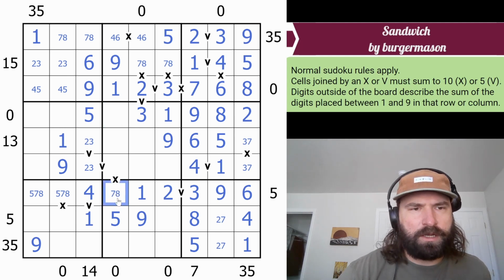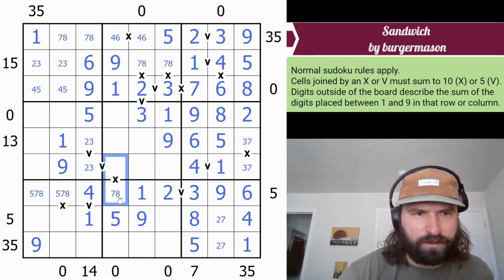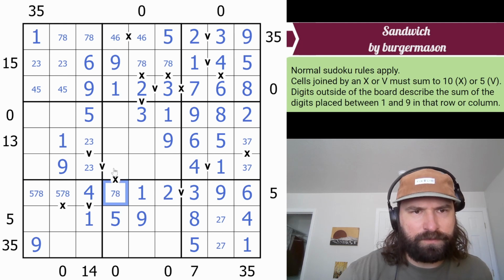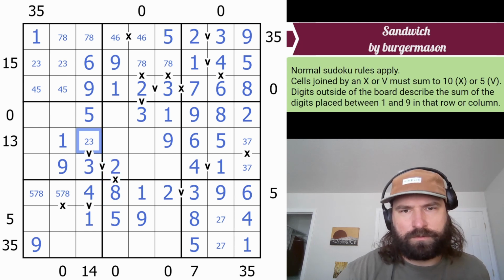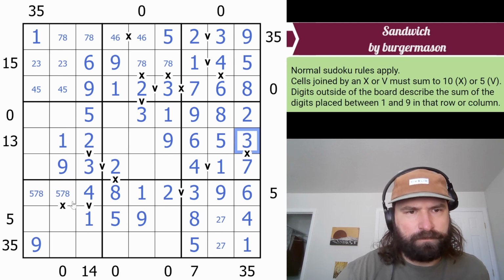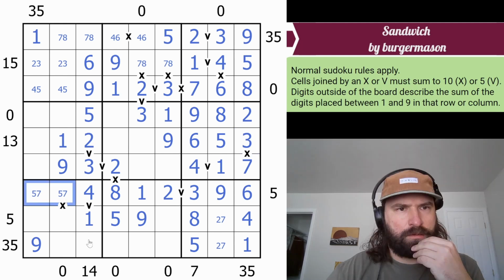Oh, 7, 8 here. This can't be a 3, so this can't be a 7, because these add to, which is going to do a lot of things, I think. 8. Yeah, so this has to be 8, 2. 8, 2, 3, 2, 7, 3. These can't be 8.